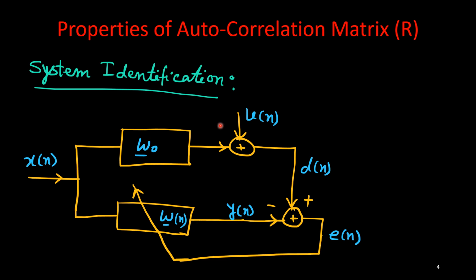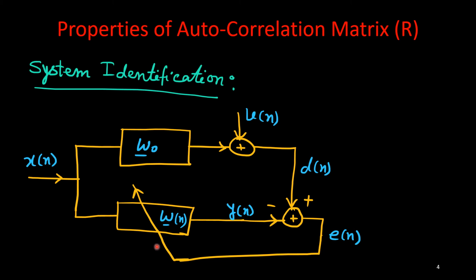This omega naught is your unknown system filter coefficients, and Vn is the observation noise added to this unknown system. When the input is xn to this unknown system, then Dn is the corresponding output that we'll call the desired sequence Dn. So we'll try to estimate this W naught using one filter Wn.